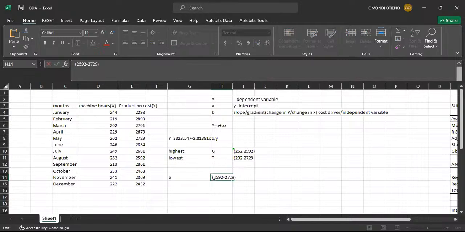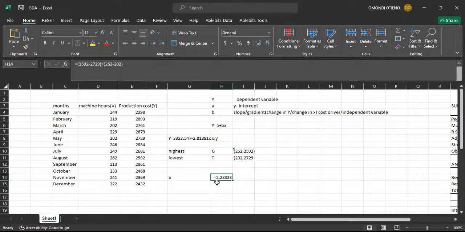That you divide by 262, which is the value of X in the highest pair, minus 202, the lowest pair, that is change in X. So that is now the workings that were required. If you do that, you'll be able to get a negative 2.28333. What does this show you?